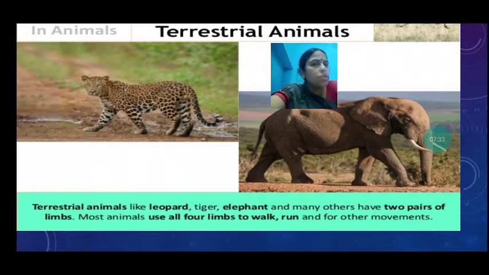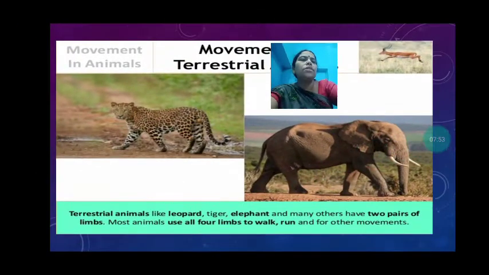They have two pairs of limbs, and most animals use all four limbs to walk, run and for other movements. You can see the back limbs and the front limbs, and all these four limbs are used for walking, running or for doing other activities.